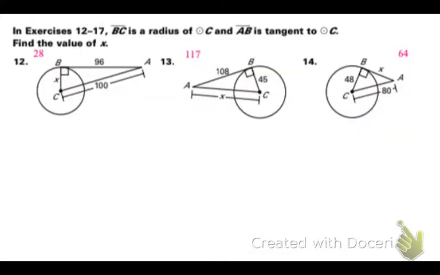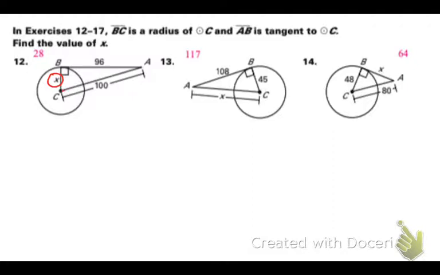Okay, now these are just a simple application of the Pythagorean theorem, which you guys are very familiar with at this point. So here in number 12, you're asked to find x. So you have a right angle. You have the lengths of two of the sides, so this is a perfect example of the Pythagorean theorem. Now, you're going to have to set it up carefully.